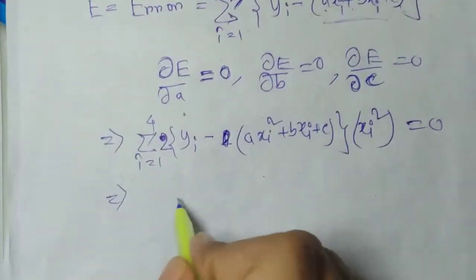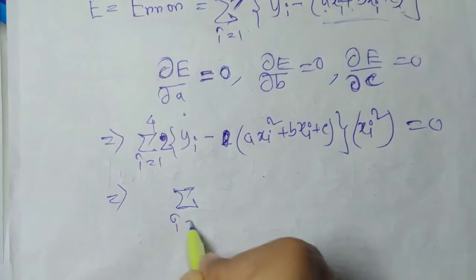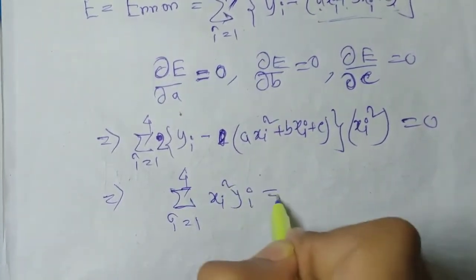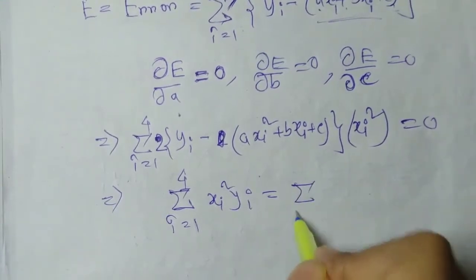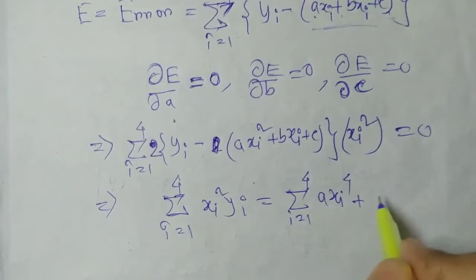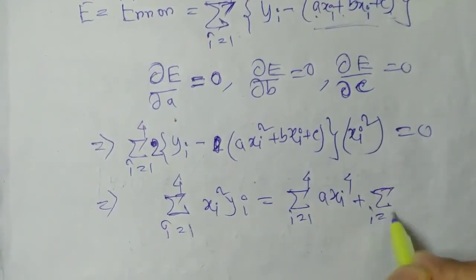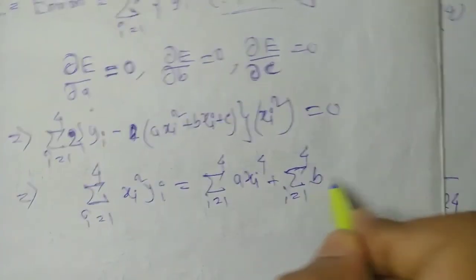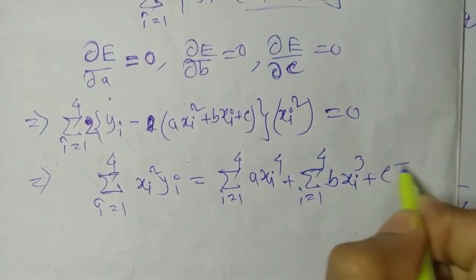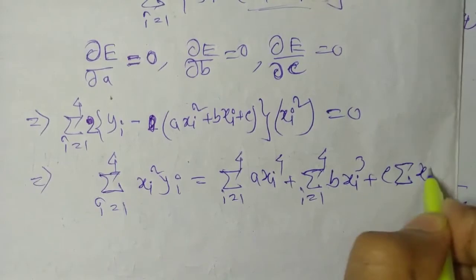From this we obtain the summation of xi square yi equals a times the summation of xi to the power 4, plus b times the summation of xi cube, plus c times the summation of xi square.